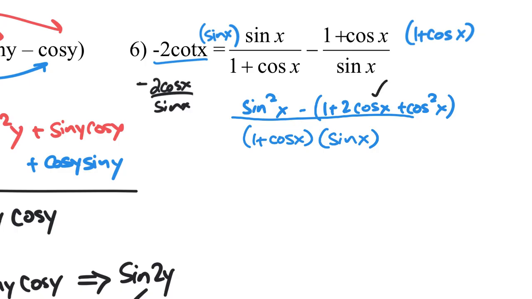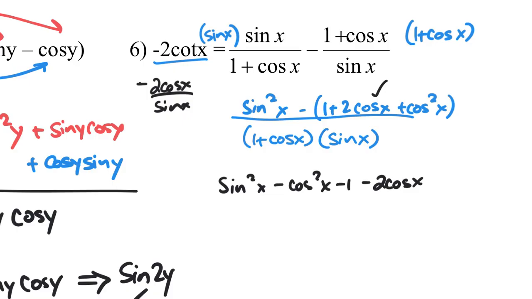So I kind of like seeing that 2 cosine x in my numerator. Now I've got to deal with all the other stuff. So I'm going to rearrange things, and I'm going to write that numerator as sine squared x minus cosine squared x minus 1 minus 2 cosine x.